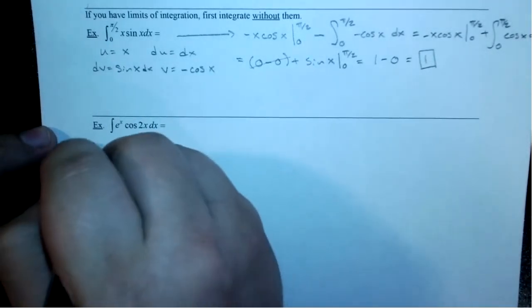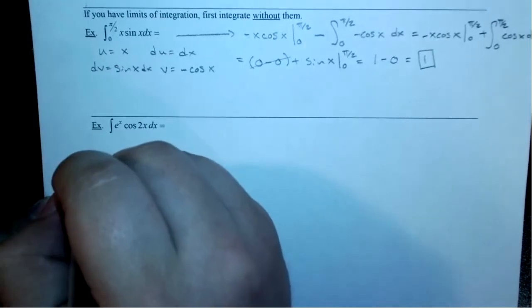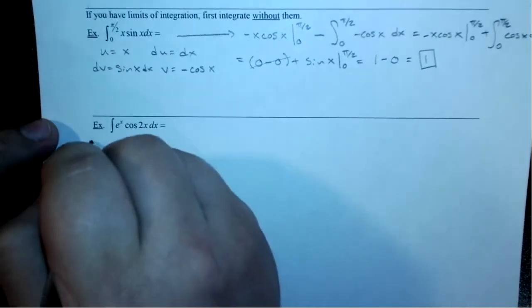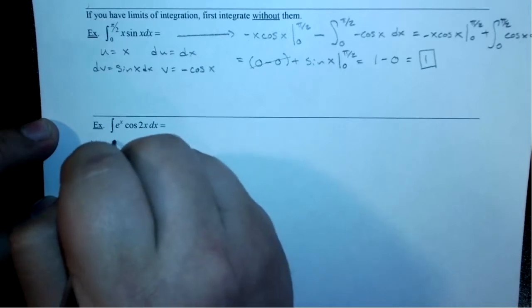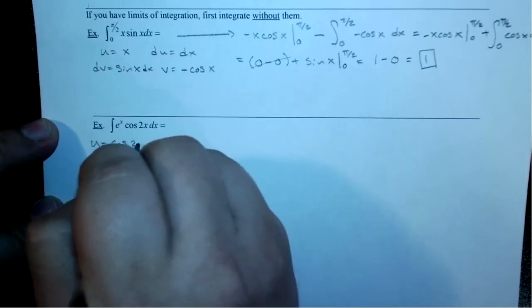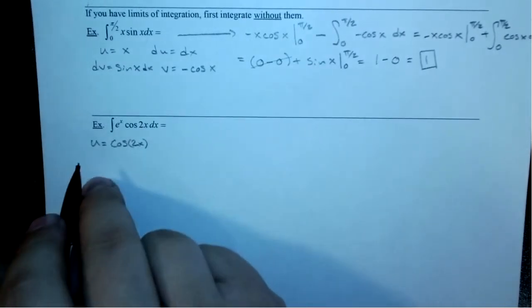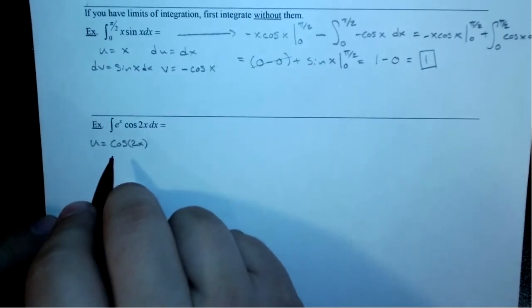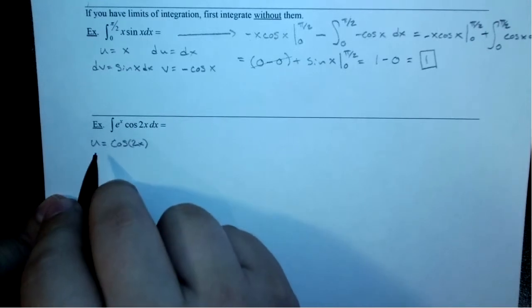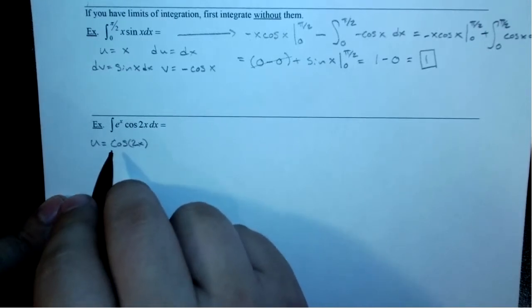Okay, so the first time, I'm going to say u is equal to cosine of 2x. And you might be asking, why not e to the x? Well, it goes back to which one is easier to derive.